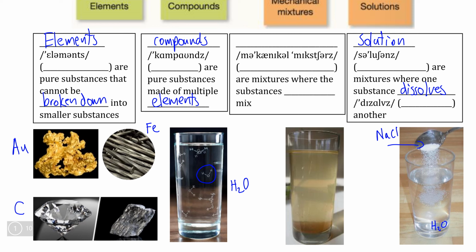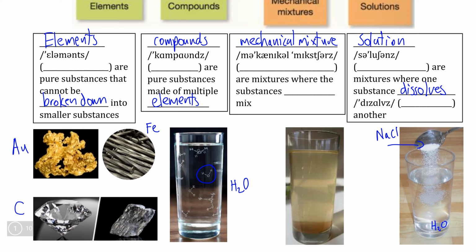However, not every example of a solid dissolves within every liquid. So if we take this example here, which is just simply sand and water, this is what we call a mechanical mixture. We can't call it a solution because the sand doesn't disappear once it is put into water.